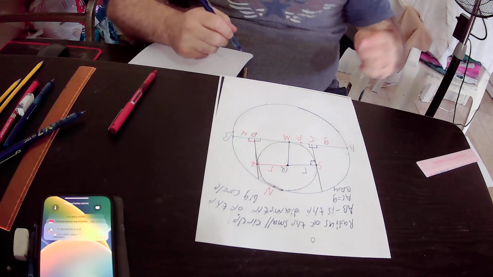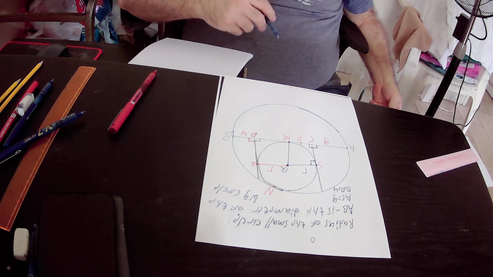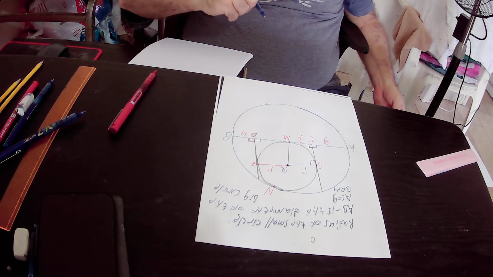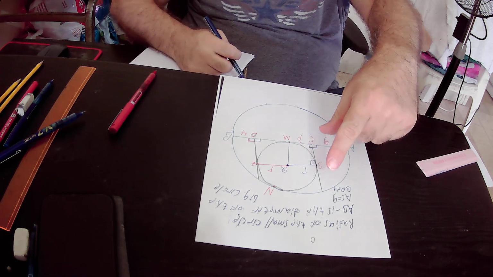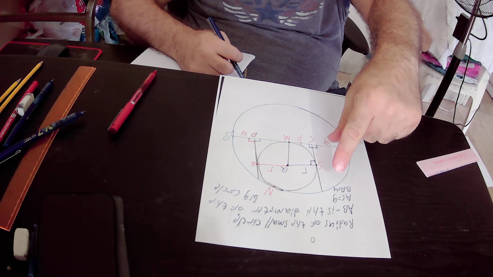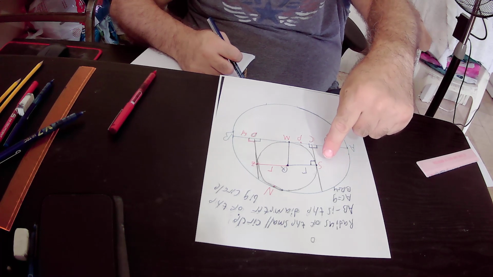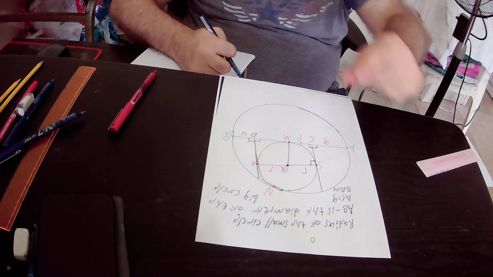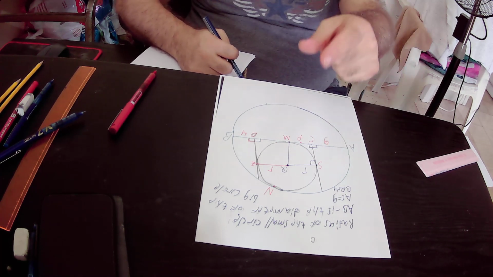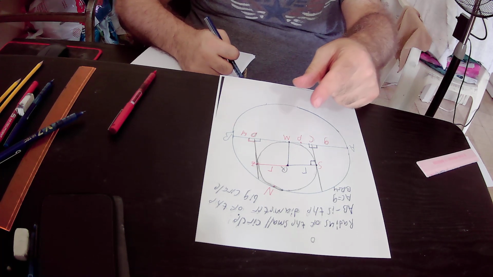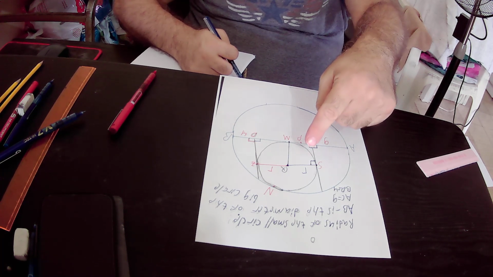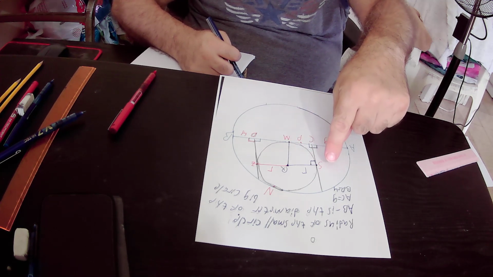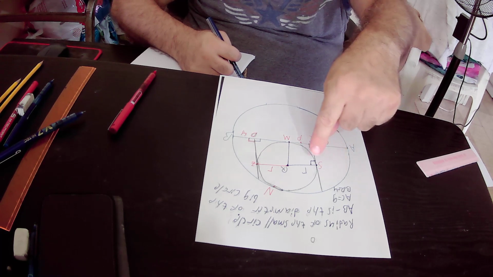Okay, again, according to rule number 1, the tangent to the circle is perpendicular to the radius at the launch point. This tangent is tangent to the circle at point S. Point S is the launch point, and because the radius is drawn to the launch point, that tangent is perpendicular to that radius.